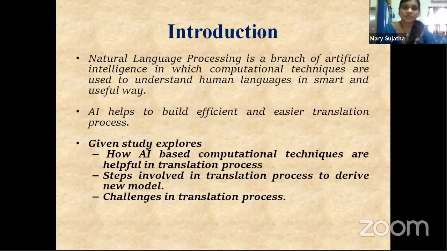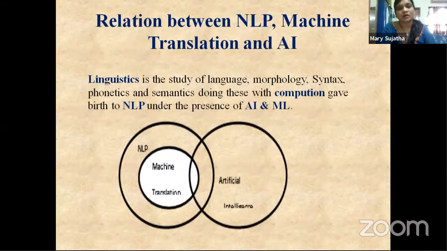In this aspect, I would like to note how artificial intelligence is related to natural language processing. Language is a barrier through which communication takes place, and the study of a language is called linguistics. Where did artificial intelligence come into the picture? Before it, translation also existed, but after the emergence of certain computational techniques, things became much more efficient and easier.